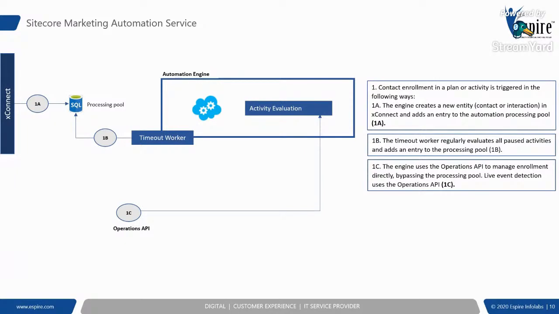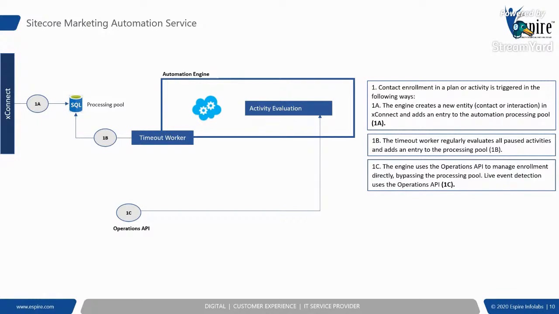Second way, as you can see, is through the timeout worker. Here the timeout worker is tightly integrated with the marketing automation engine. It is not independent or third party. It means that this timeout worker will evaluate all the post activity within the marketing automation engine.